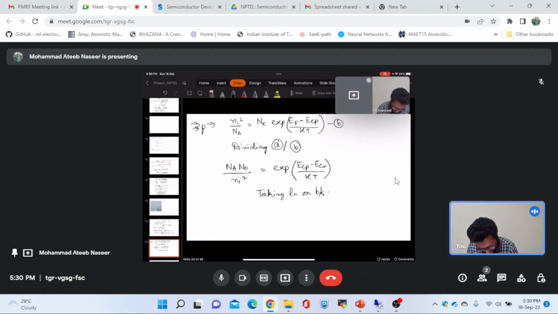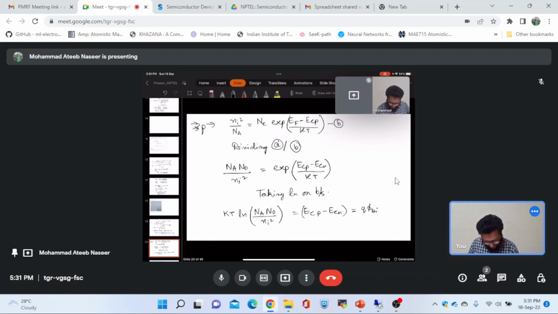So it would become kT ln of NA ND by ni square is given by ECP minus ECN, which is equal to q phi BI.